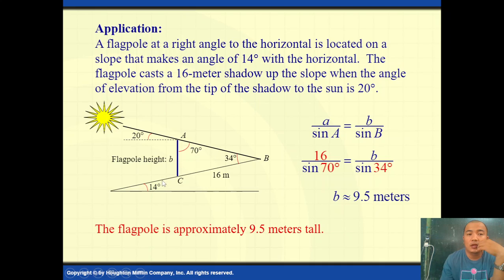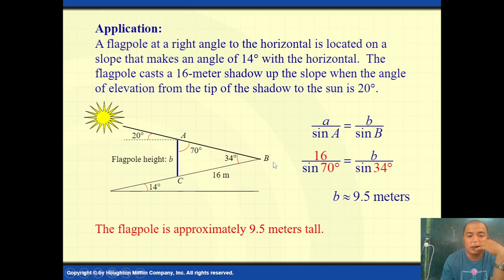The flagpole casts a 16-meter shadow. BC is the shadow on the slope when the angle of elevation of the sun is 20 degrees. So if this is 14 degrees, and this will be 70 degrees, angle A.